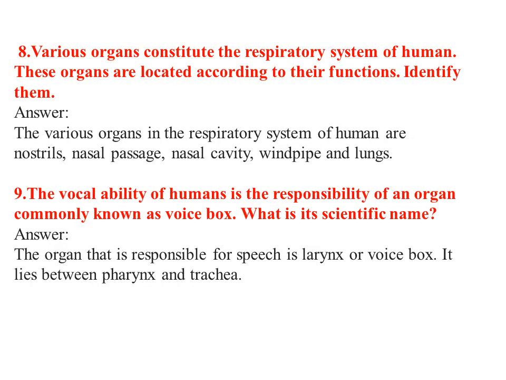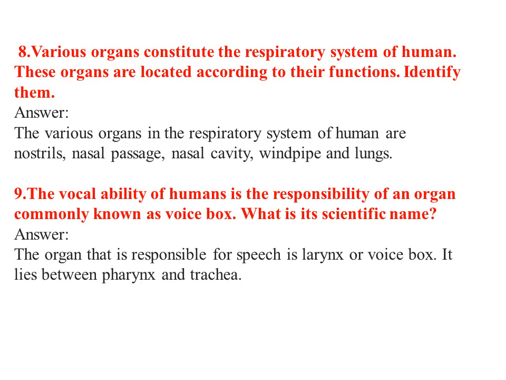Next question. Various organs constitute the respiratory system of humans. These organs are located according to their function. Identify them. The organs in the human respiratory system are nostrils, nasal passage, nasal cavity, windpipe and lungs. And this is your assignment in the e-portal: draw a picture of the human respiratory system with the different organs.